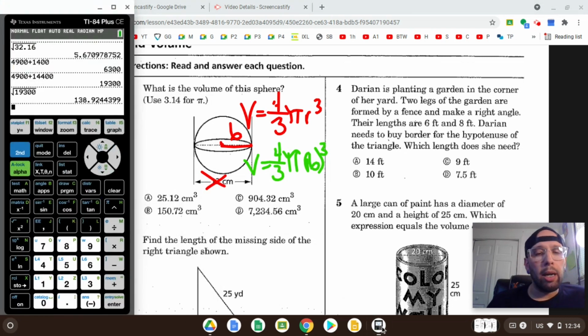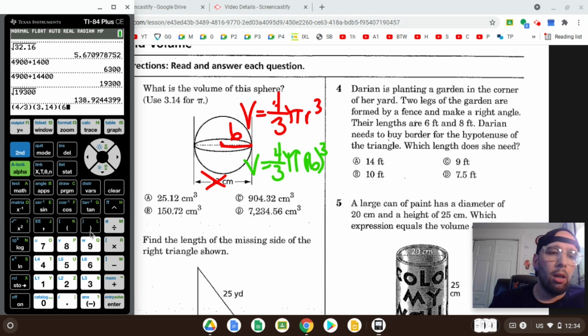Let's bring up my calculator. 4/3. They said instead of pi, use 3.14. Fine. Instead of pi, 3.14. 6 cubed.